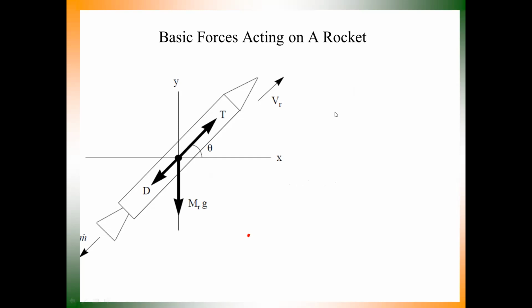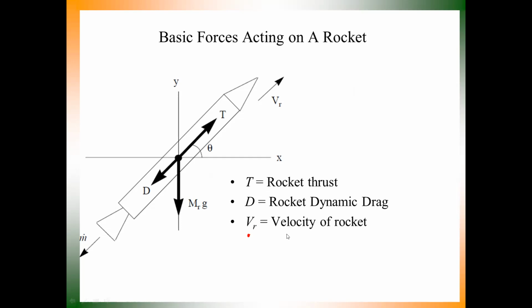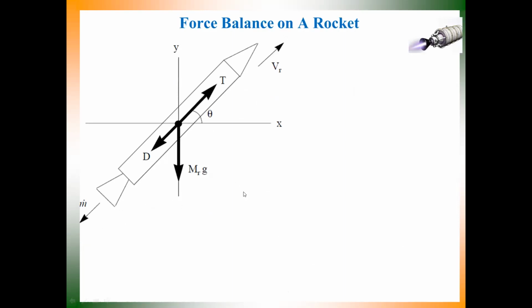P represents rocket thrust, D represents rocket aerodynamic drag, and VR is the velocity of the rocket. M dot is the mass flow rate of ejected matter, and MR is the mass of the rocket. The total mass of the rocket is considered MR. These are some of the forces.